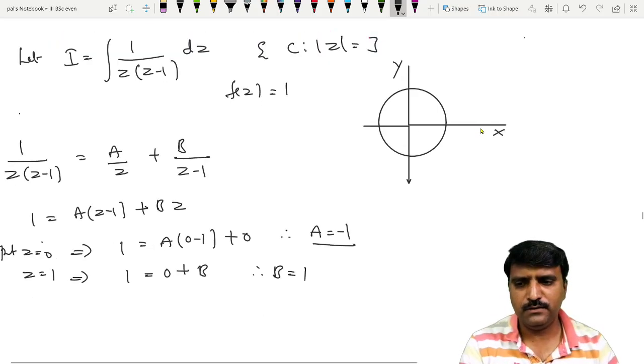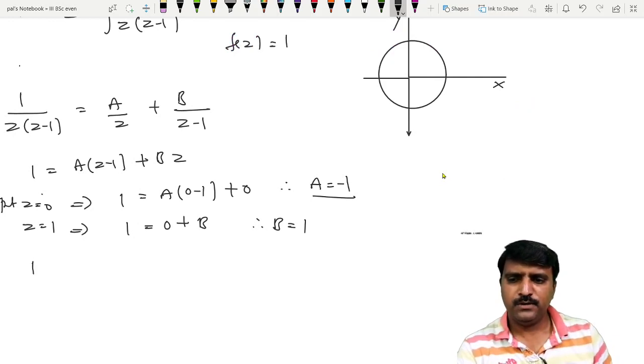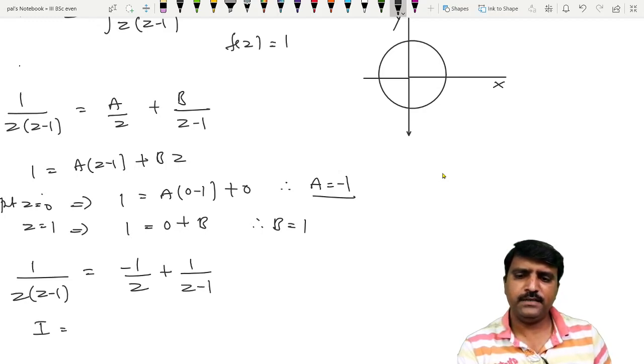Therefore 1 by z into z minus 1 can be written as minus 1 divided by z plus 1 divided by z minus 1, since the value of b is 1. Now integral I can be written as the integration over C of minus 1 by z plus 1 by z minus 1 into dz.